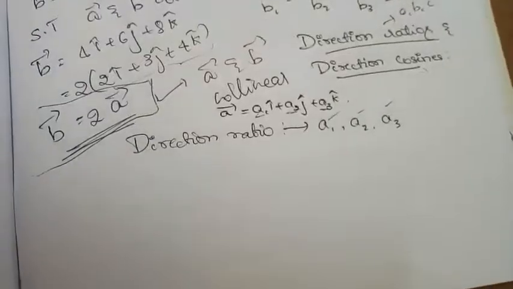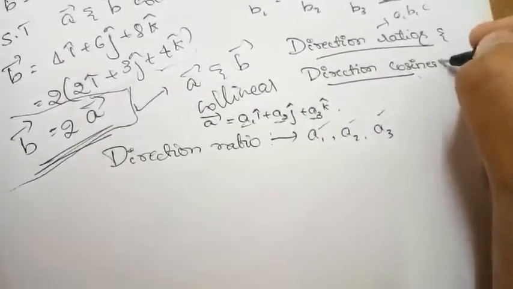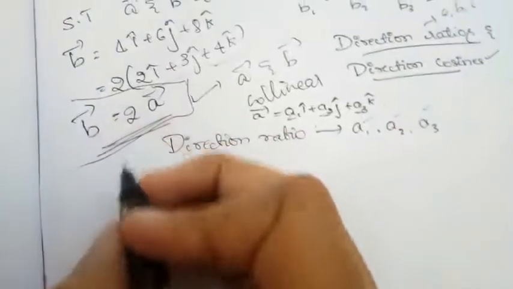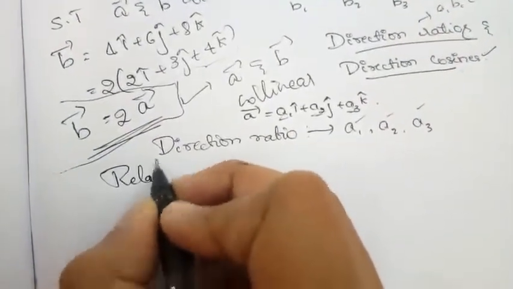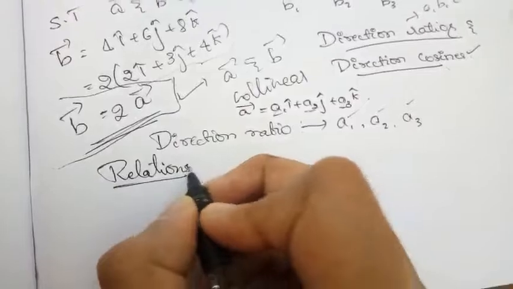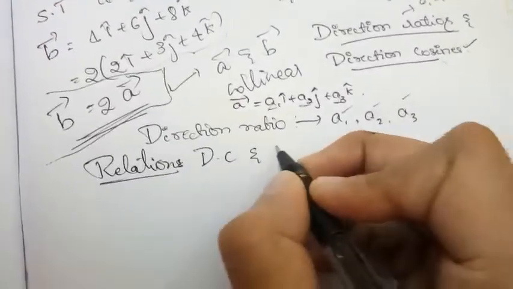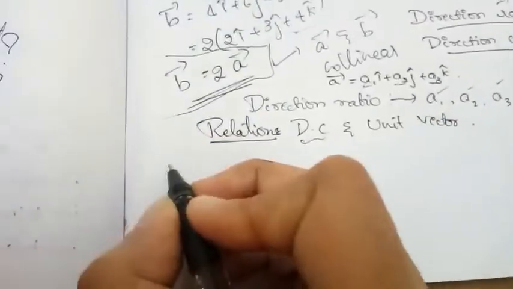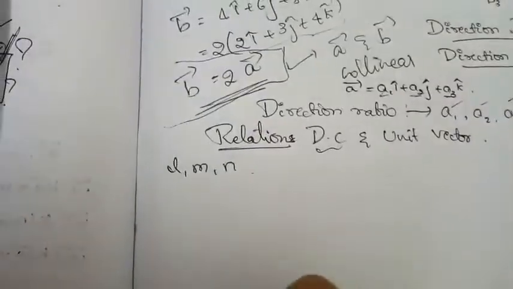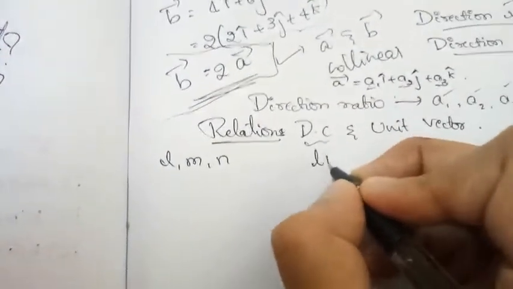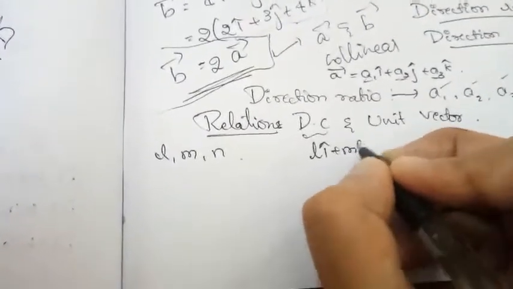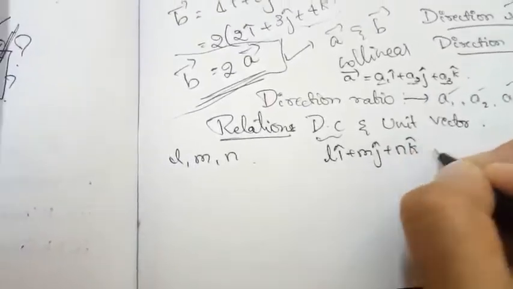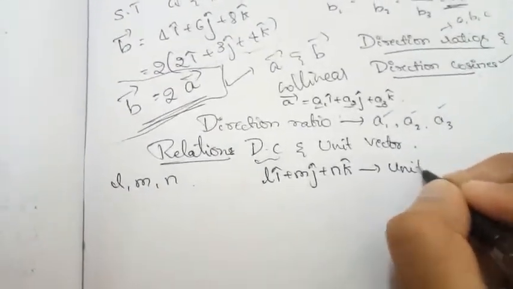And what about the direction cosines? Before that, there is one beautiful relation between direction cosines and the unit vector. We know that the direction cosines are L, M and N. If the direction cosines are L, M and N, then L i cap plus M j cap plus N k cap is nothing but the unit vector.